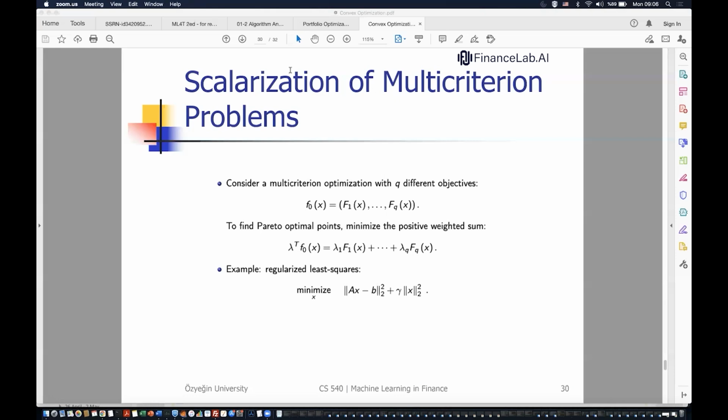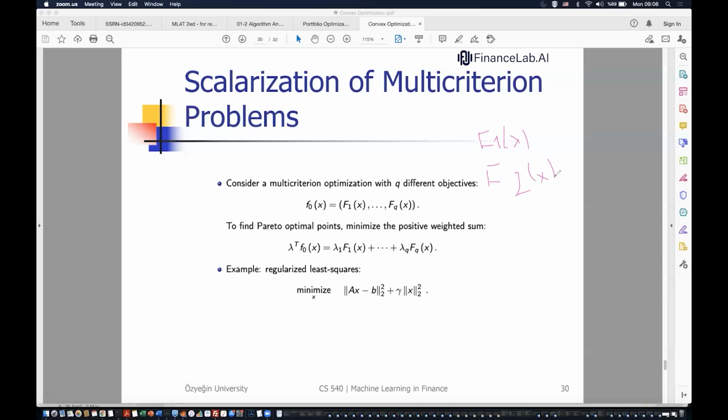In this case, one way is to combine the objectives by using different scalars into a single objective function. There will be a bunch of Pareto optimal solutions. For instance, there will be points which maximize F1(x) but are not optimal for F2(x).